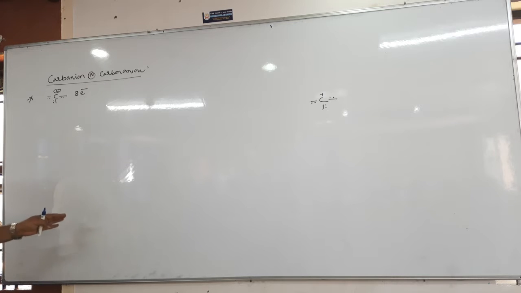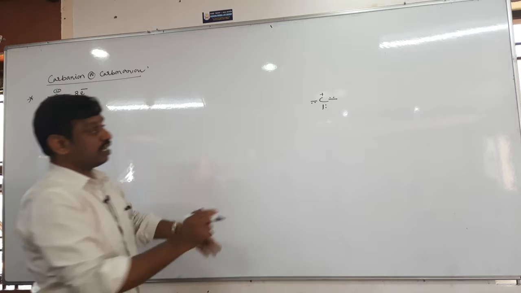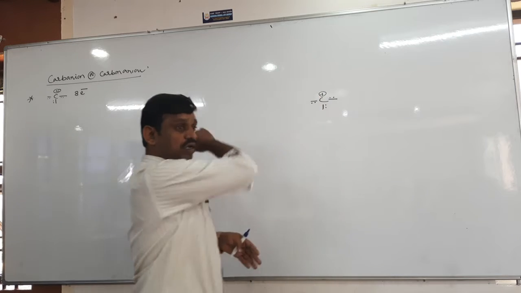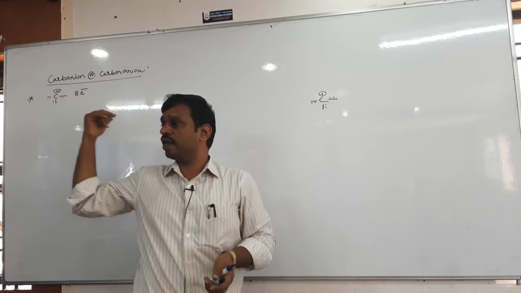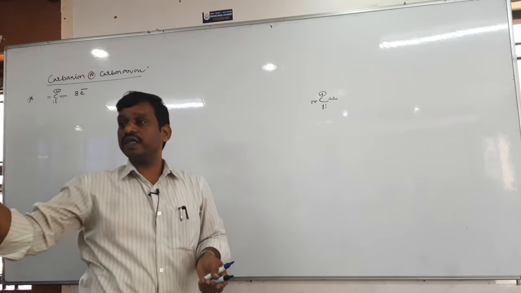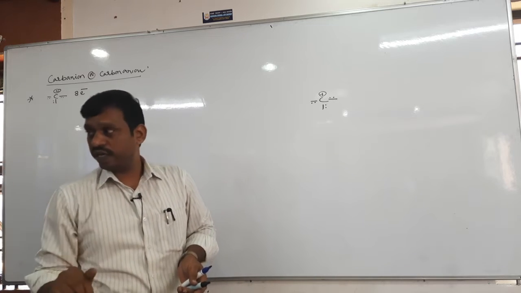Therefore, the difference is that carbocation has a positive charge, carbanion a negative charge. Carbocation has 6 valence electrons, carbanion has 8 electrons in the valency shell after sharing.